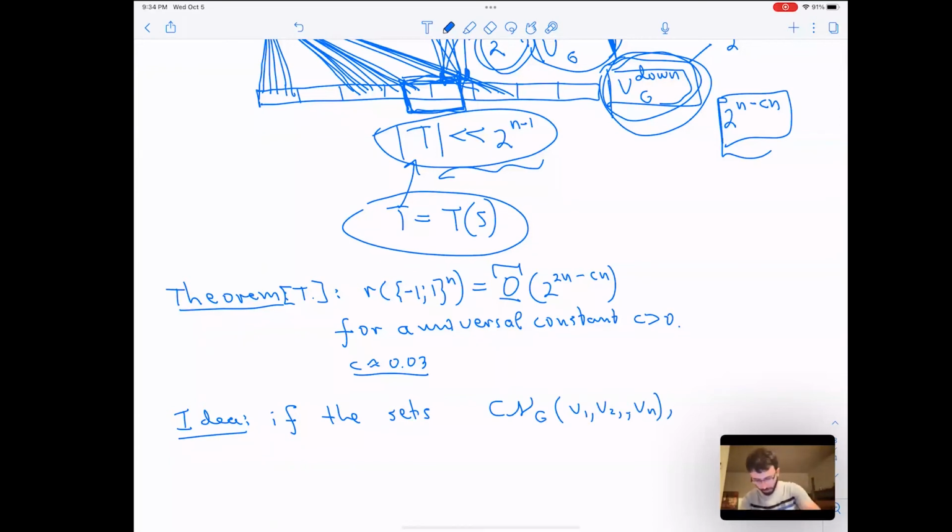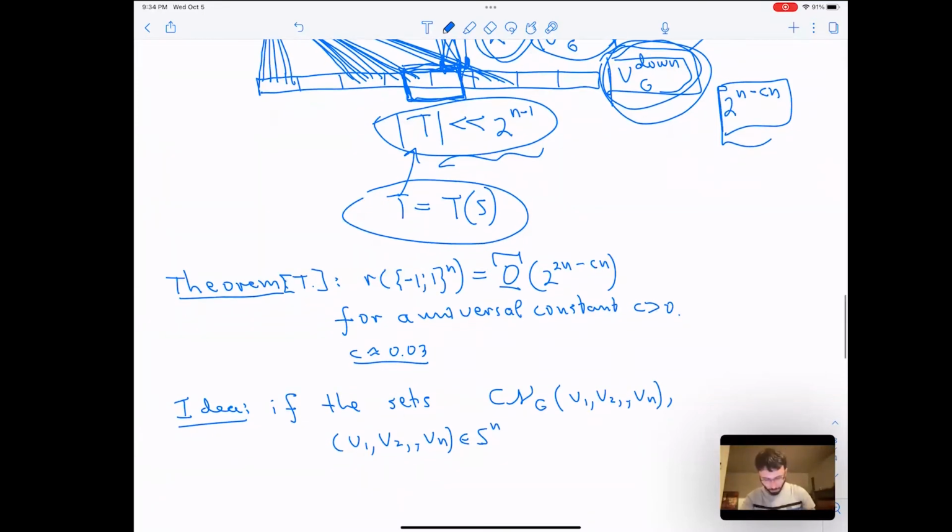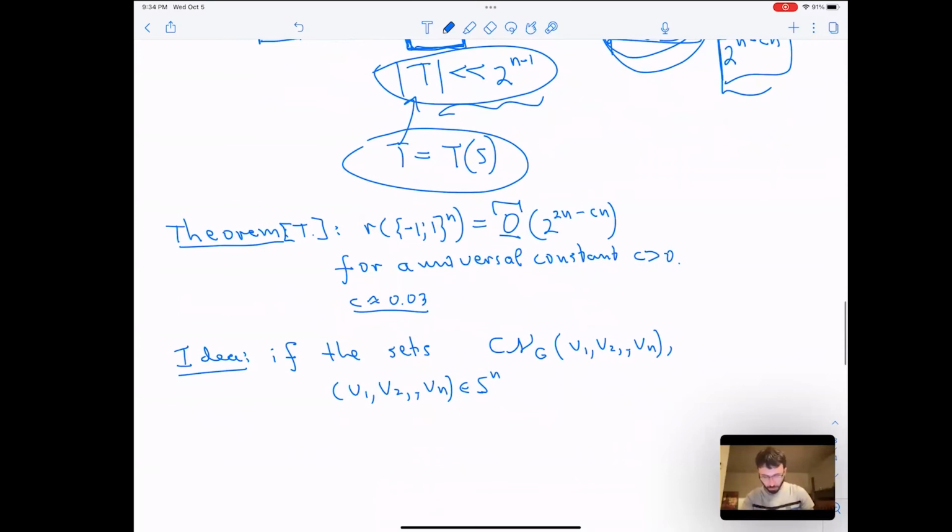So we have these sets where the vertices v1, v2, ..., vn are just n-tuples of vertices in S. So I should just consider the Cartesian product, say. Whether they repeat or not, that's really not an important technical detail here.